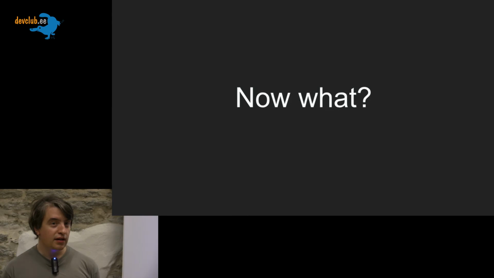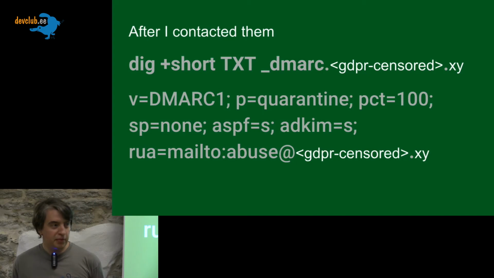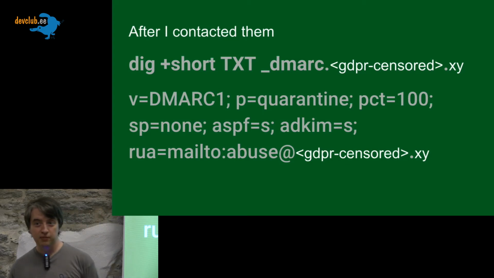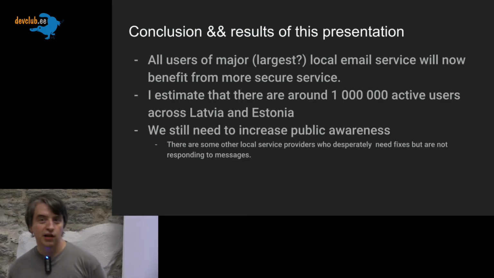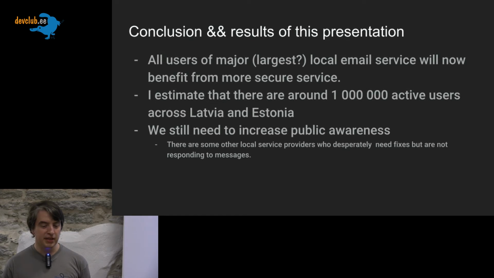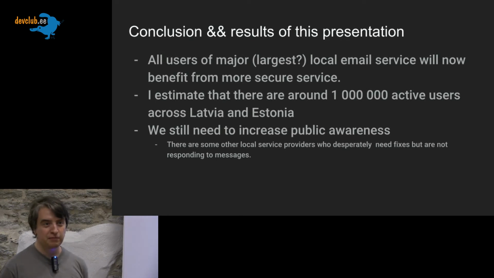Now what? Demand, supply. I contacted providers of Kirill's email address, and eventually they fixed it. They now have a DMARC record published, and it's correct. And I think that as a result of this presentation, which was shown in Russian Dev Club previously and now is in its English version, basically around 1 million people in Estonia and Latvia together benefit from me doing this speech because their emails are now protected.